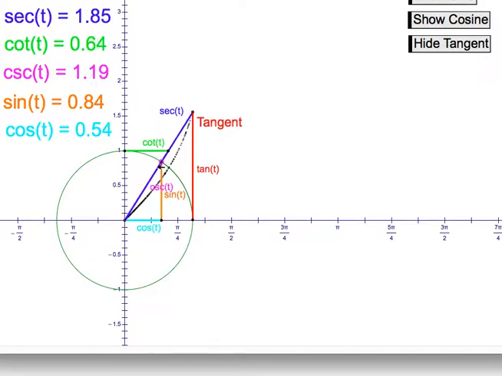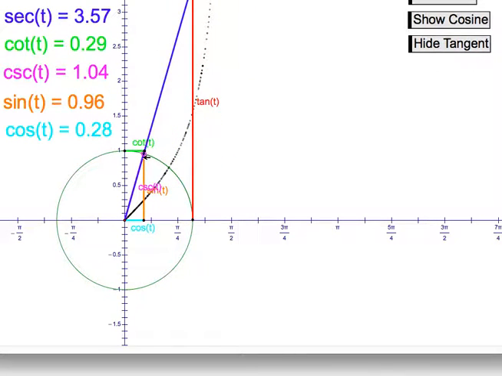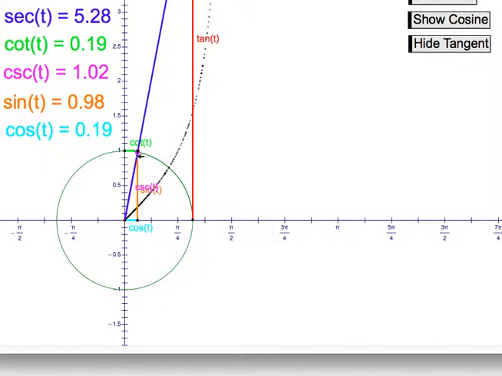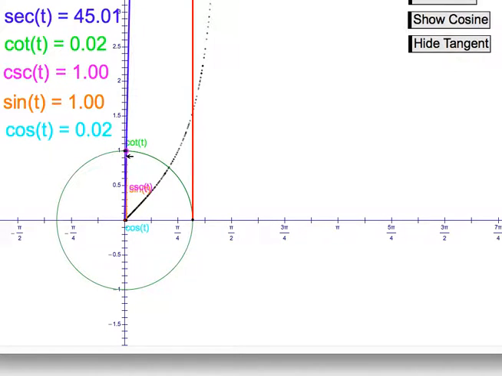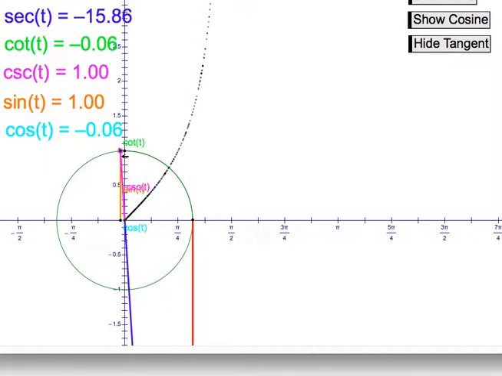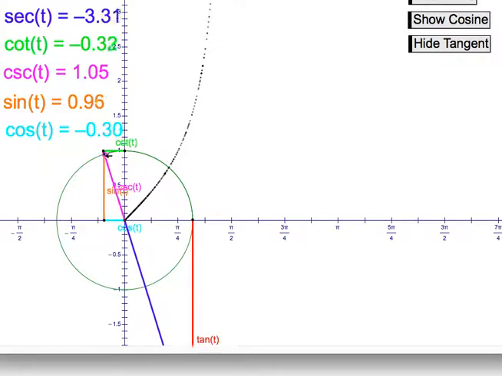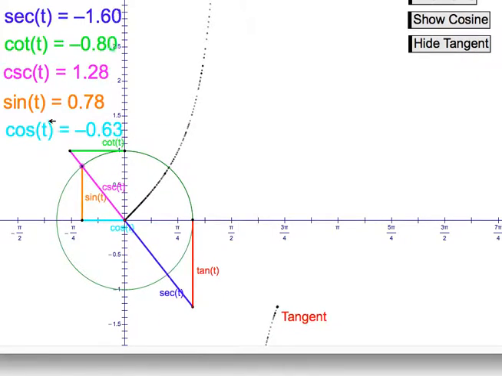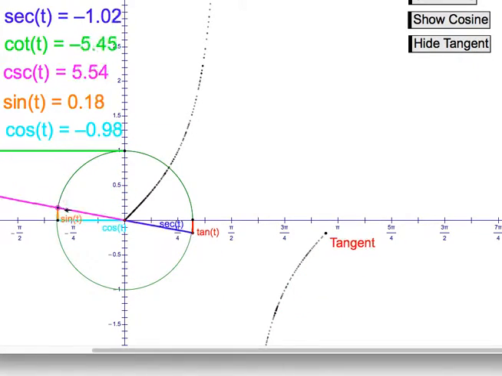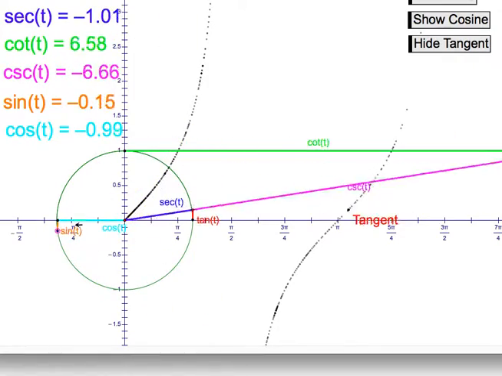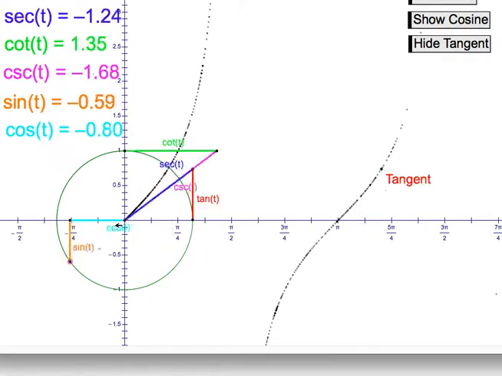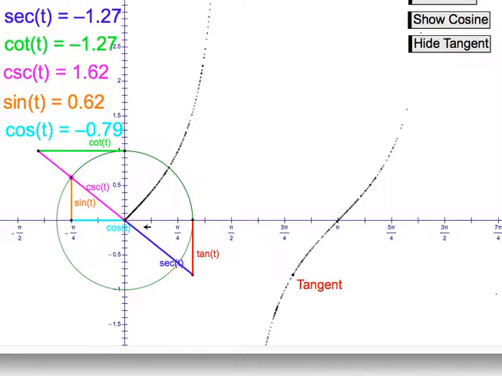And remember we talked about the fact that when we hit pi over 2, it's going to be undefined. It goes to infinity. But once it hits there, it's undefined, and it starts back up again. And here we go. So tangent's going to repeat, and actually it's going to have values that go over here as well.